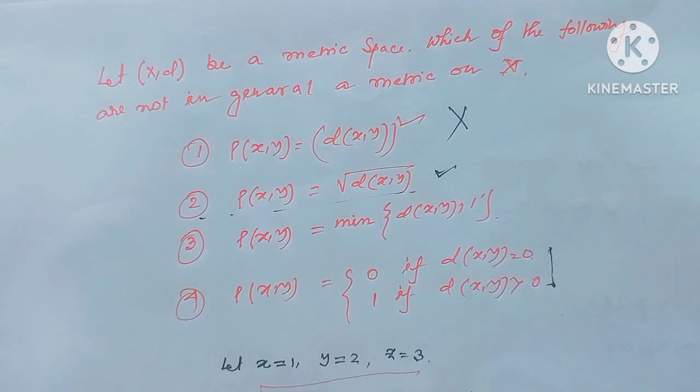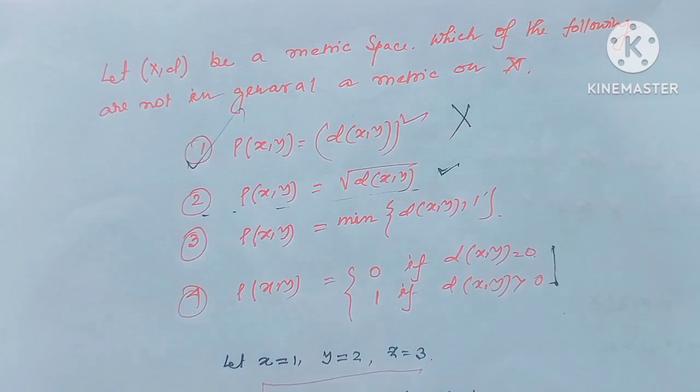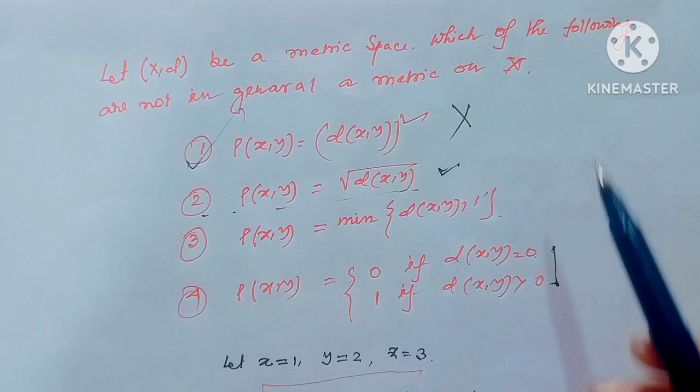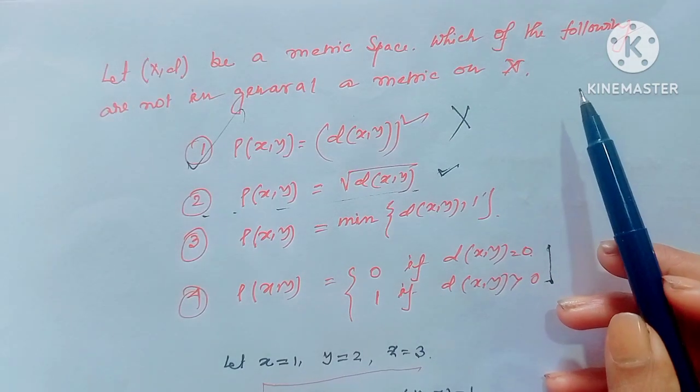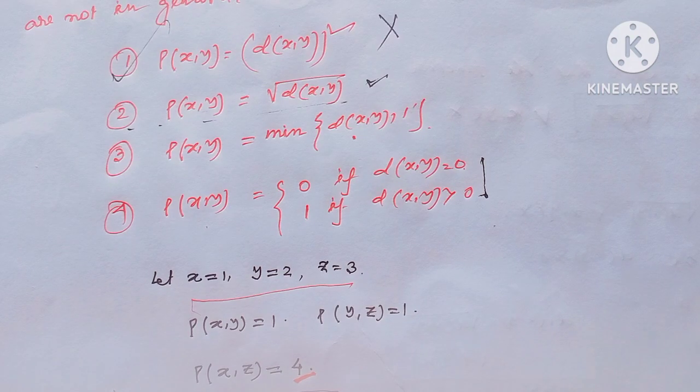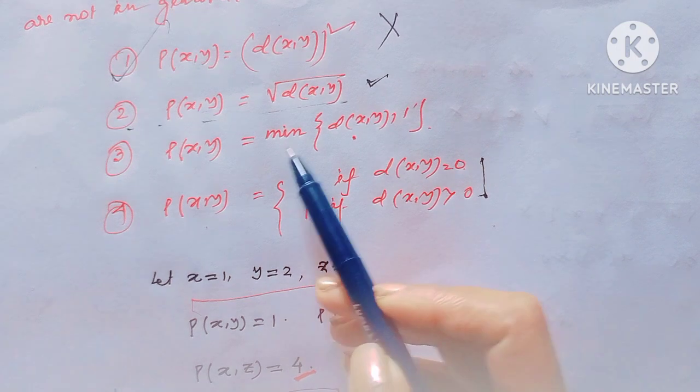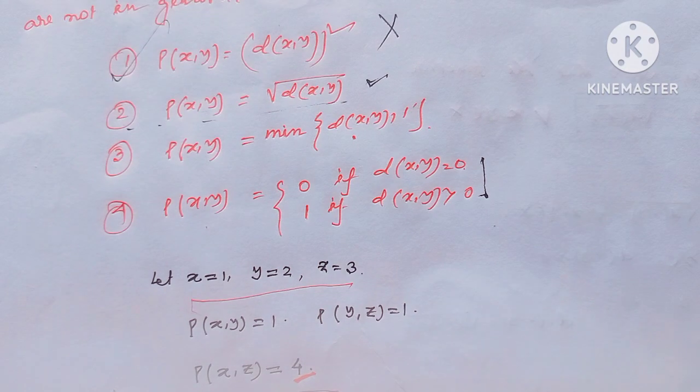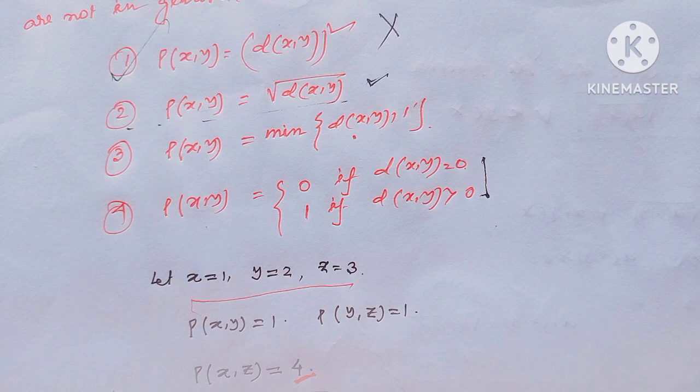That means only option 1 is the right option, because the question has asked which of the following are not a metric on the space X. Option 3 is also a metric, which I have defined in my previous video. The minimum of d of xy comma 1 satisfies all properties of a metric space. If you haven't seen my previous video, at first see it in the playlist of my channel.